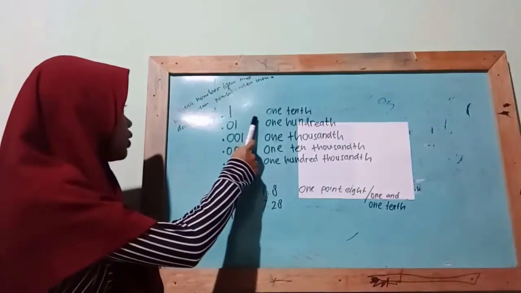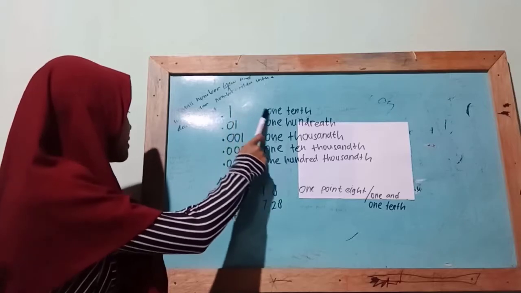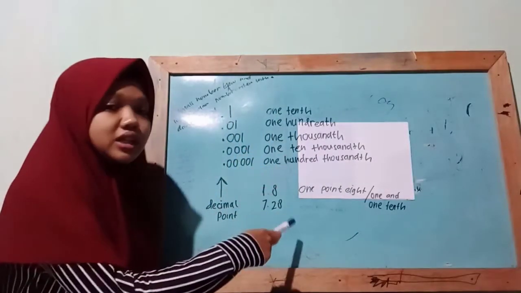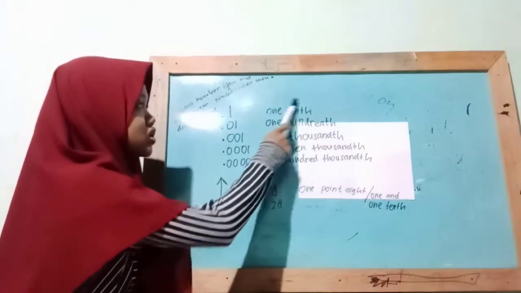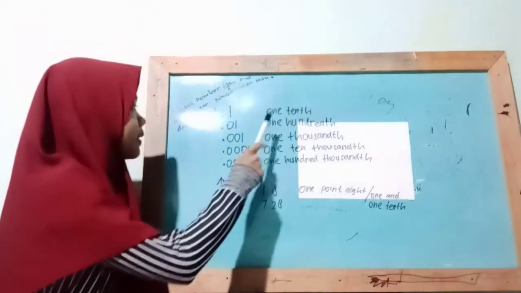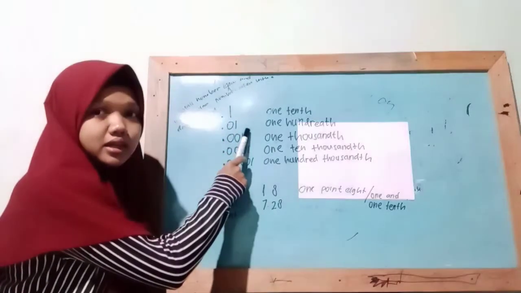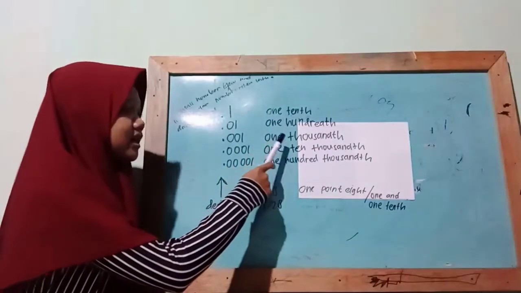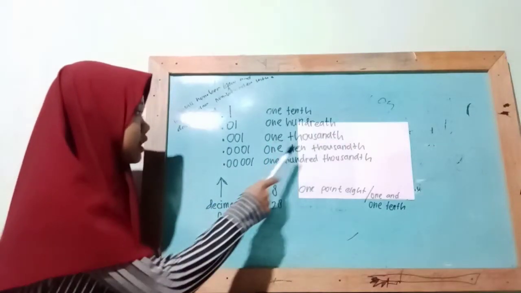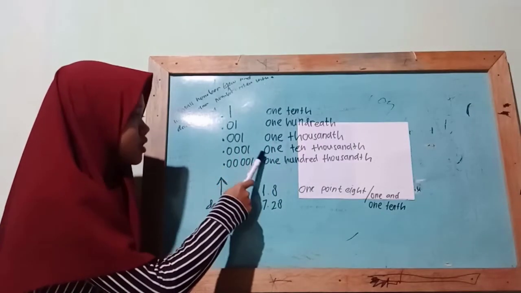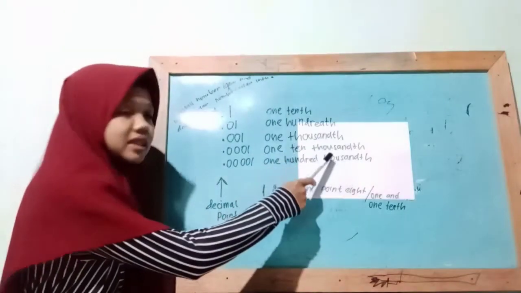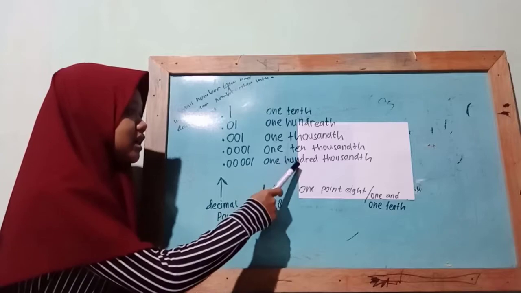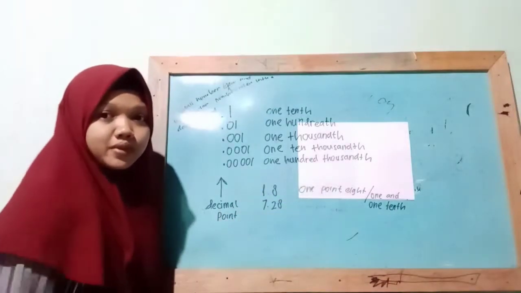To the first place to the right of the decimal point is called the tenths place. Second to the right is the hundredths, and third to the right is the thousandths. Fourth to the right is the ten-thousandths.